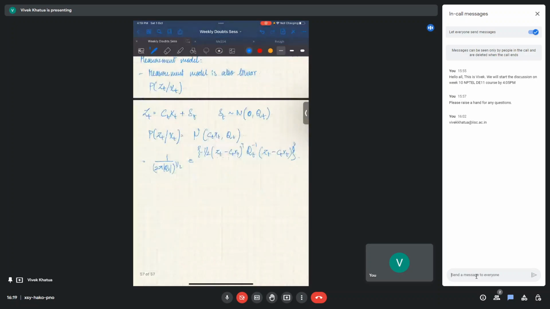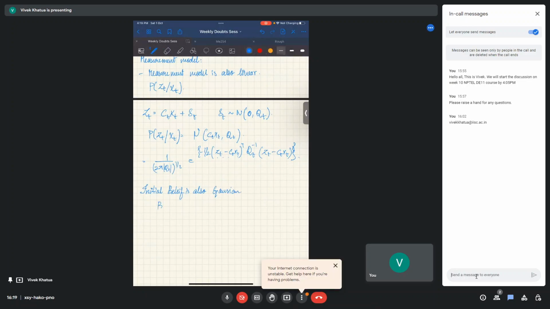The third assumption that we make is that our initial belief is also Gaussian. In Bayes filter, what we did is that the belief of x naught was, say, 0.5 for head and tail both.